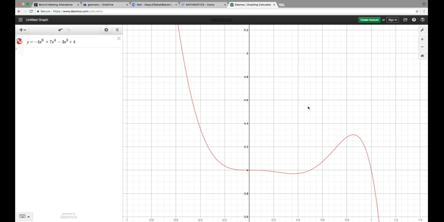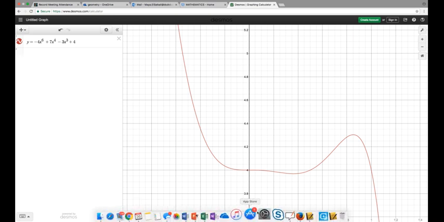Because as you can see, it was decreasing, and then it went back up and started increasing. So from what I see right here, I have one turning point on the top, a turning point right here, and then a third turning point right here. So I have 3 turning points.